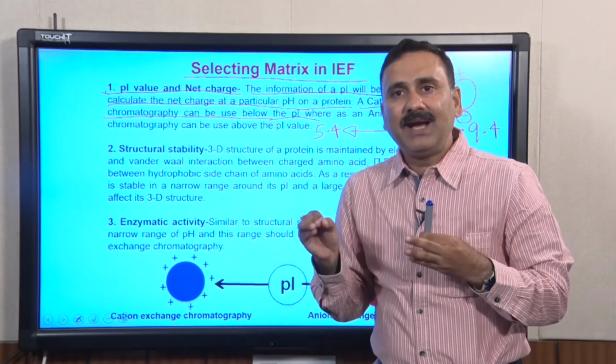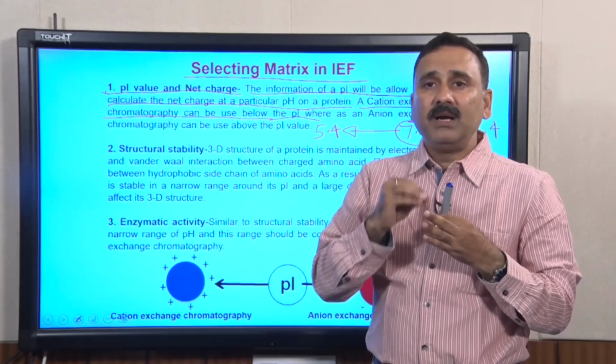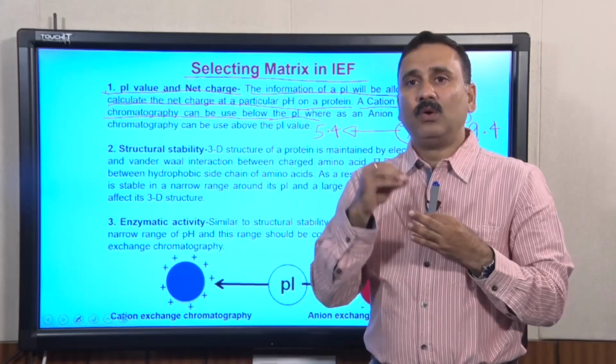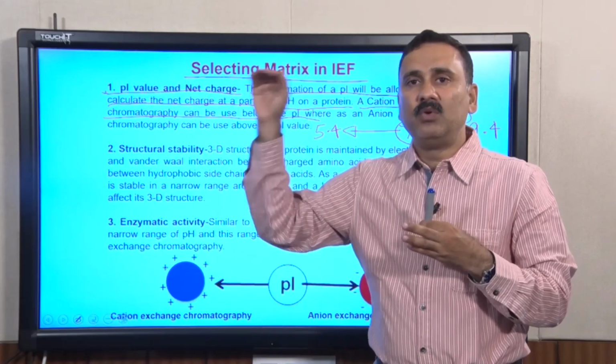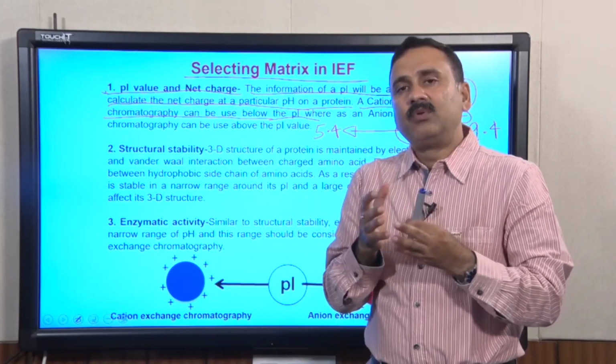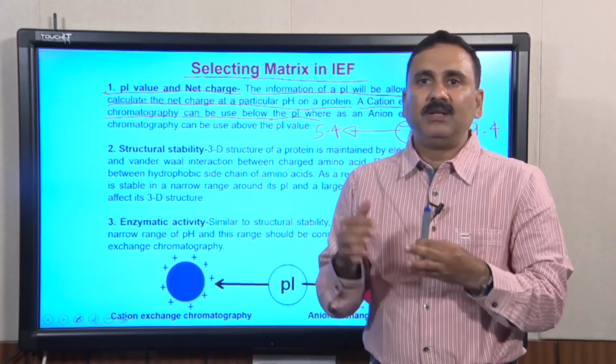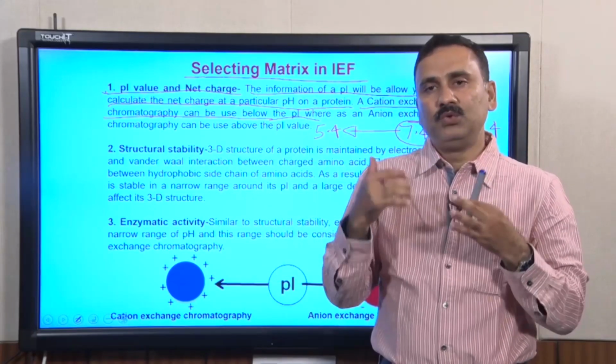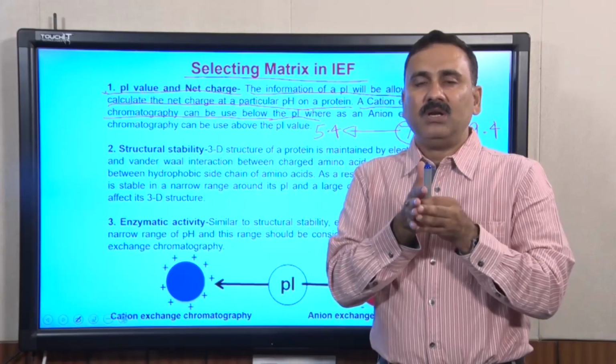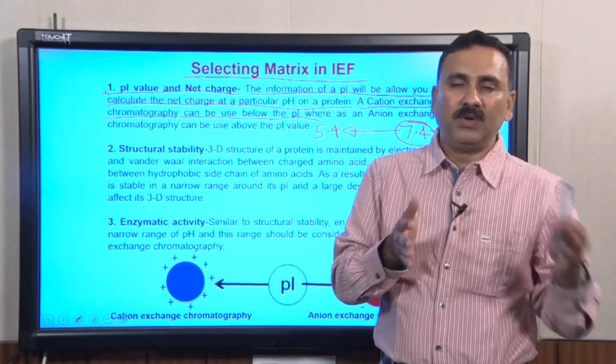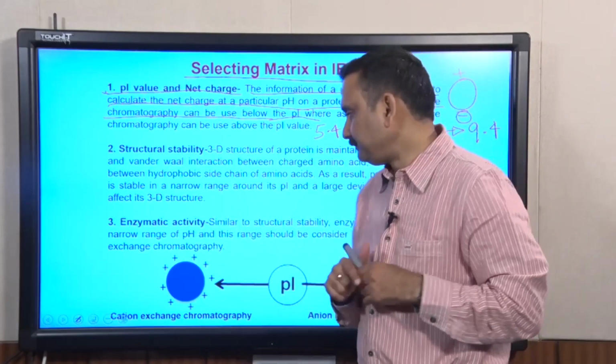If you go lower than that, it will still bind, but the affinity would be so low that as soon as you put in the washing buffer, the protein will come out. So that is why this is the thumb rule: you use a 2 pH difference either on the lower side or the upper side.